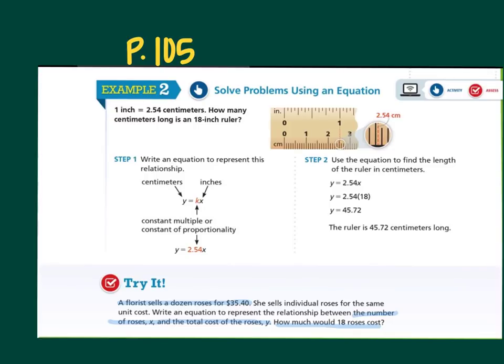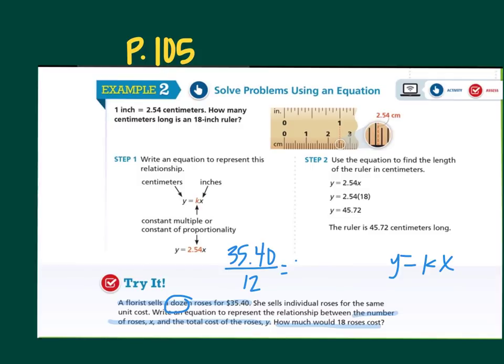So we're going to start by writing a proportionality equation, y equals kx. Let's determine what k is going to represent here. So we're going to say 35.40, and because we know a dozen is 12, we'll divide that by 12 to calculate the unit cost.